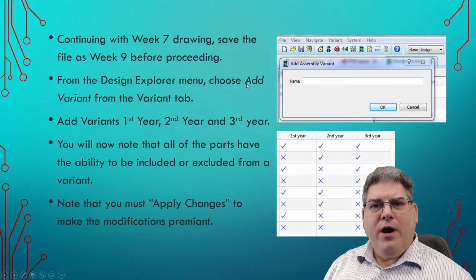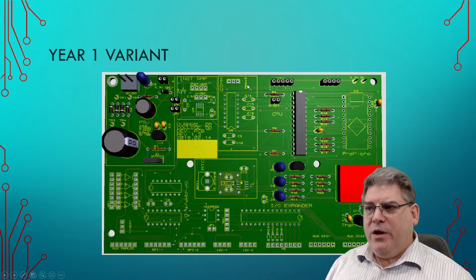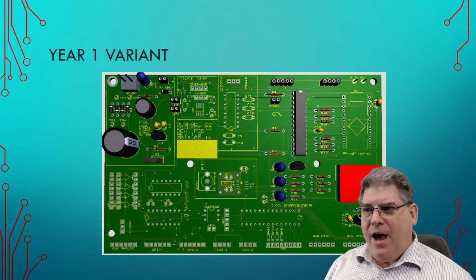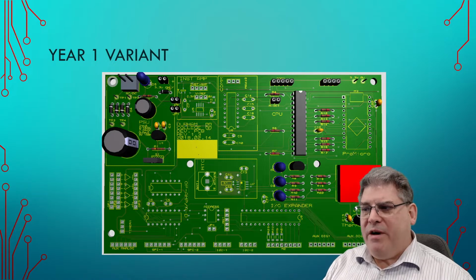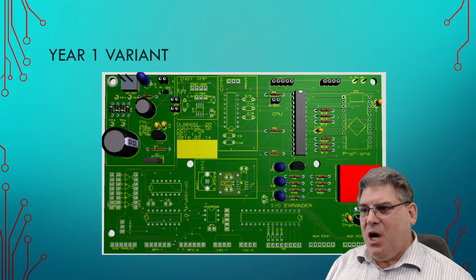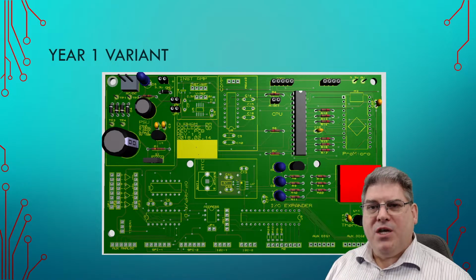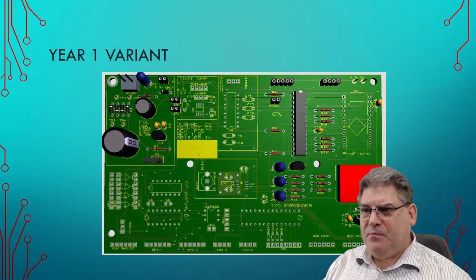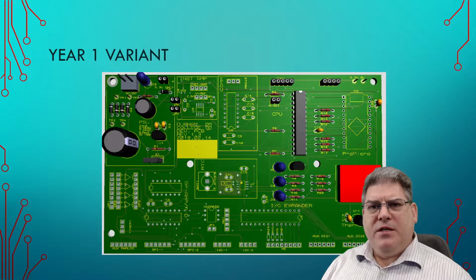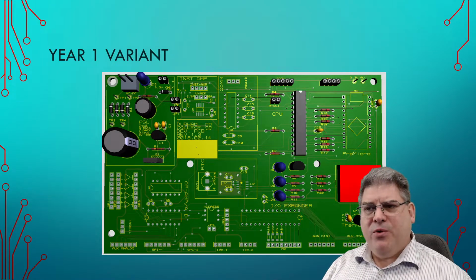So what I encourage you to do is to go through, select these parts that you see here on the screen as your year one variant. Everything else can be left off. You can enable it for year 2 or 3 if you wish, but basically these are the parts that I need in my year 1 variant. All right. So pause the video, go do that if you want, or come back to it as part of your homework.